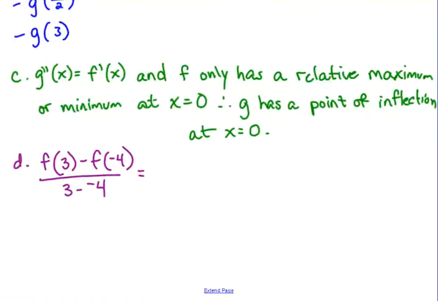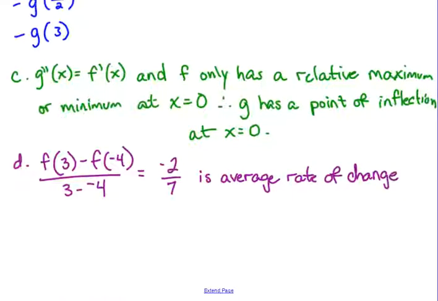That ends up giving us -2 over 7 is the average rate of change on the interval from -4 to 3. Okay? 1 point for that.